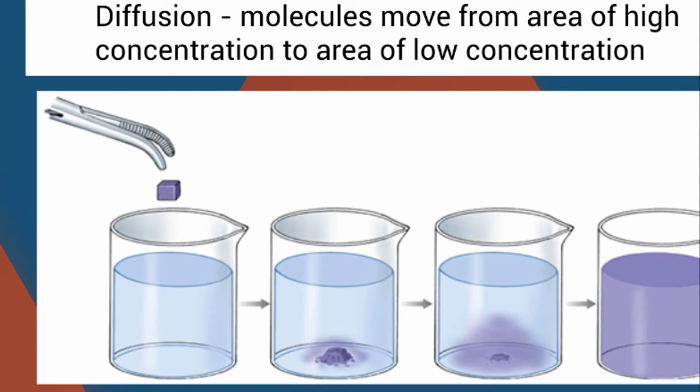Maybe another example is a spoonful of sugar placed in a cup of tea. Eventually the sugar will diffuse throughout the tea until no concentration gradient remains.